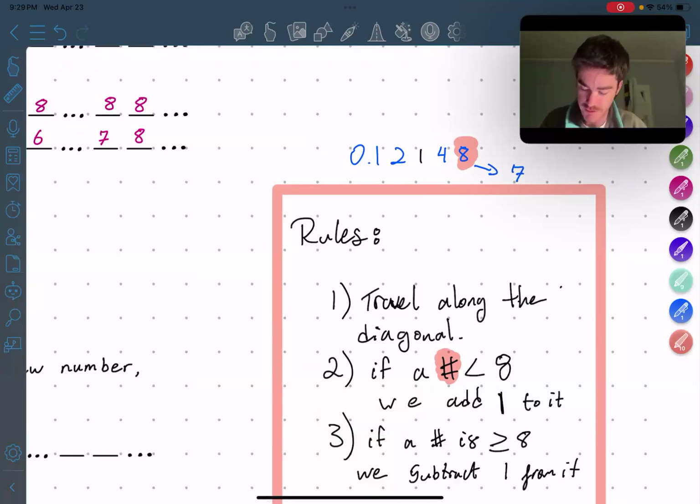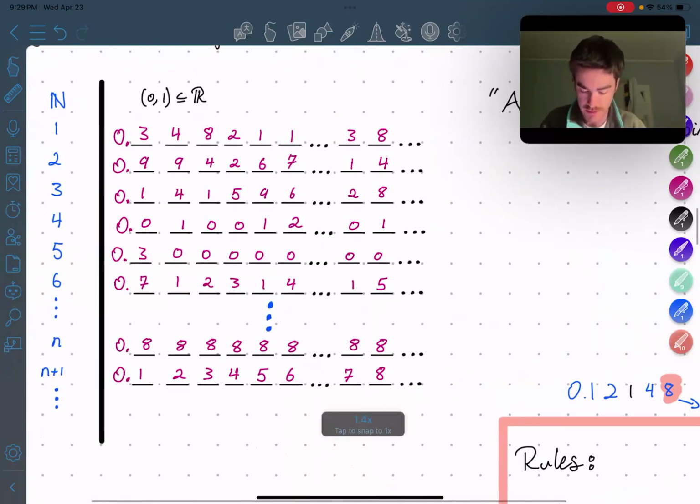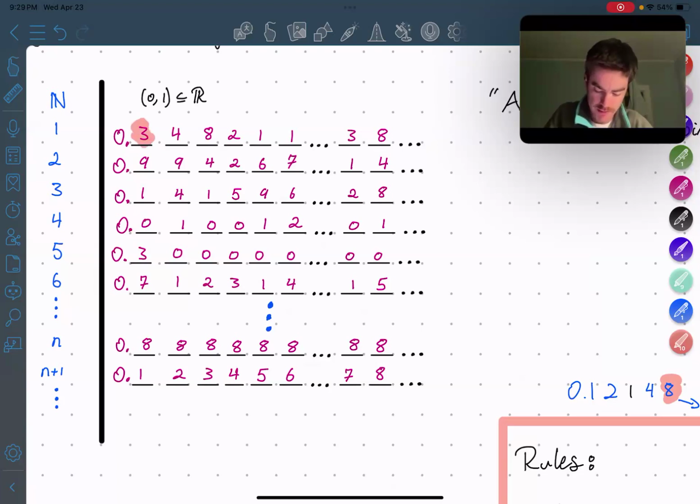First off, we're going to follow rule 1 and travel along the diagonal. To make it easier to see, I'm going to highlight the numbers I'm talking about on the diagonal. Okay, so these are the numbers we're looking at.